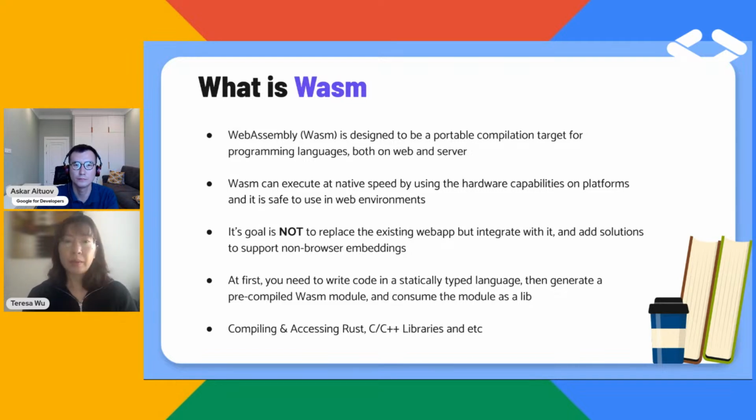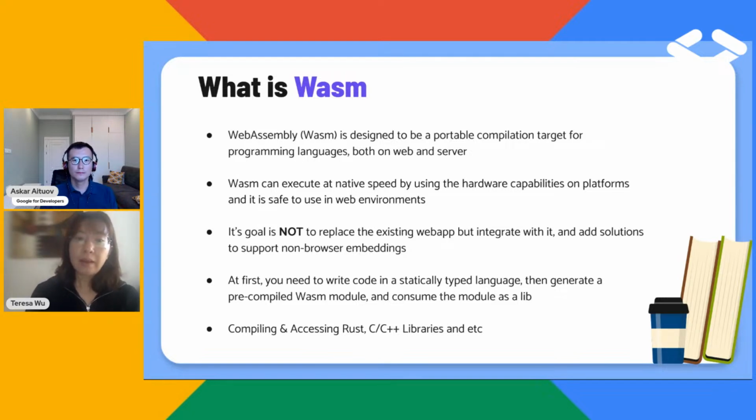So WebAssembly is a way to build a single-page web application and progressive web application as well. But the goal here is not to replace existing web apps, but to integrate with them and add a solution to support non-browser embeddings, right?